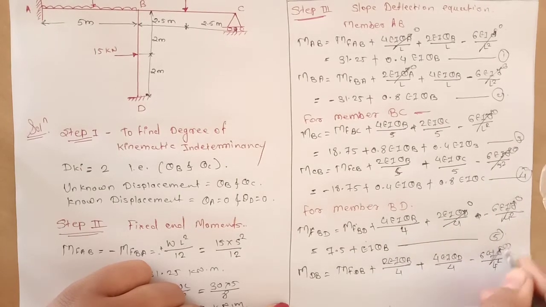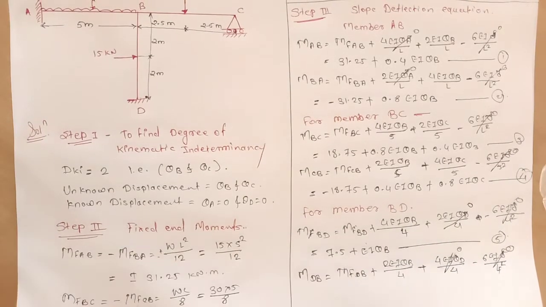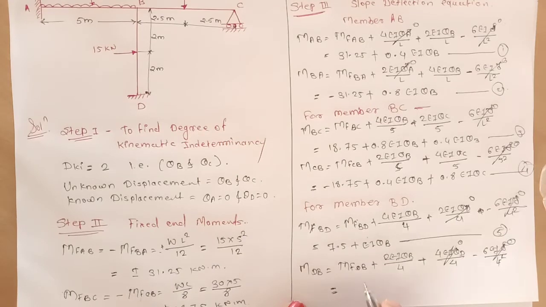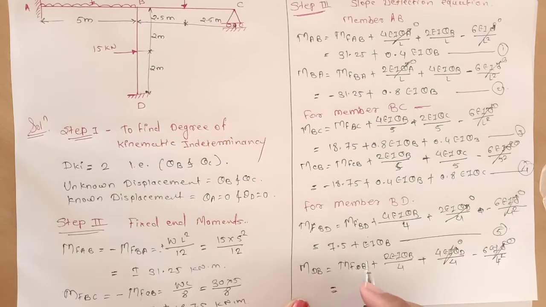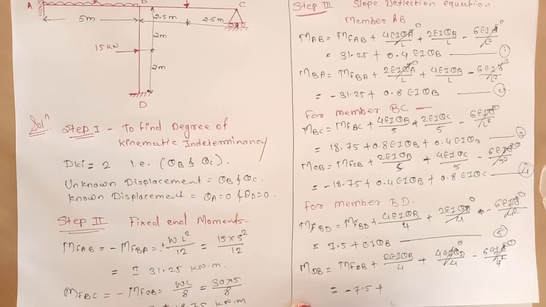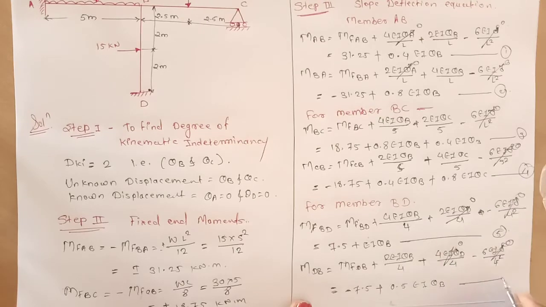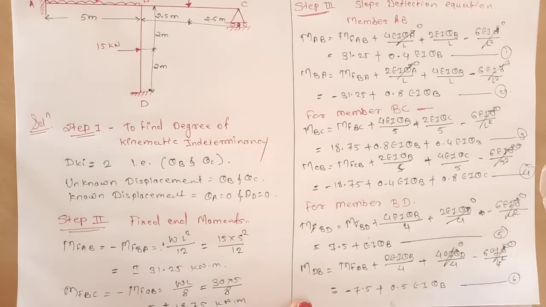Here the delta term is equal to 0 and the theta D term is equal to 0. So remaining is, we know that the value of fixed moment for member DB is minus 7.5 plus 2EI theta B divided by 4, which is 0.5 EI theta B. This is equation number 6.